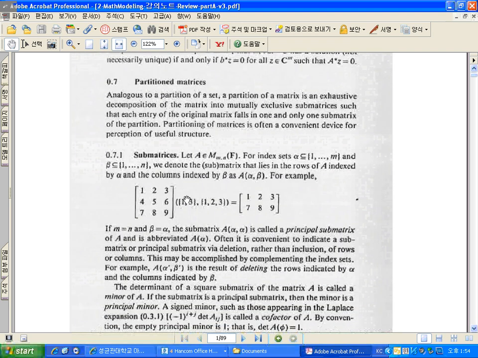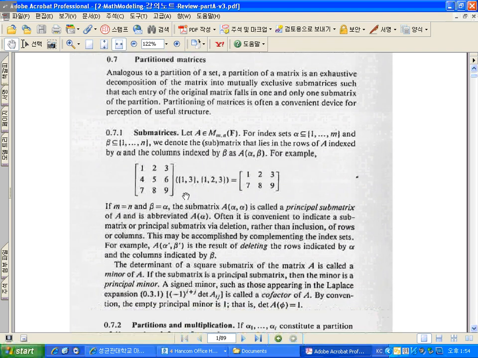A partitioned matrix is a matrix which has blocks here and there. So we can simplify our computation of matrices when we have structured block matrices.